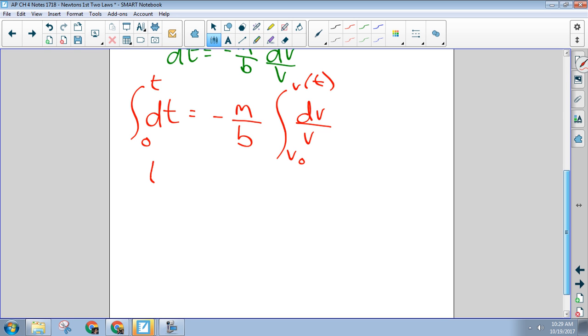So this is just t evaluated between 0 and t. Then that's just t minus 0, which is just t. How are we doing? If you're a little confused, the process is going to be the same. As you try the homework, that first homework problem, you can almost just follow it like a recipe. The steps are going to be the same every time.